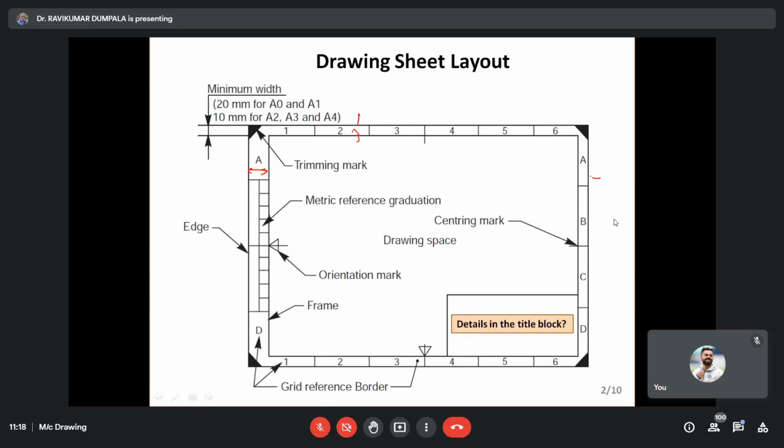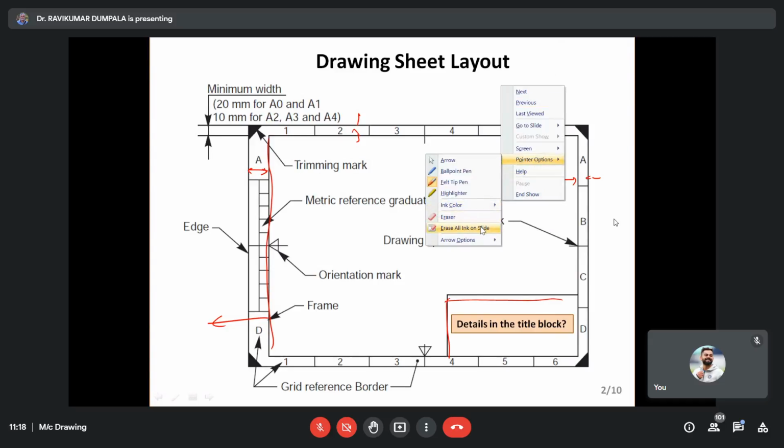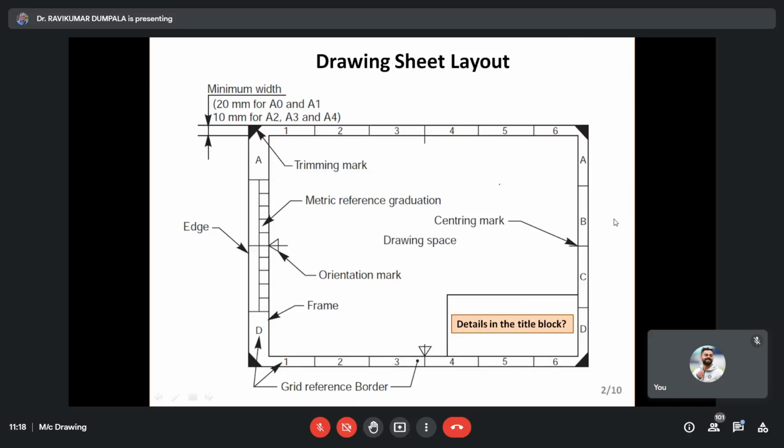Remaining sides are less. In the internal border, they leave more space on the left side. And at the bottom right side you have some blocks. This block also has standard dimensions. If you are using an A3 sheet, you will not be able to follow the same size. But if you are using an A2 sheet, or especially an A1 sheet, then that size fits well in the drawing sheet.